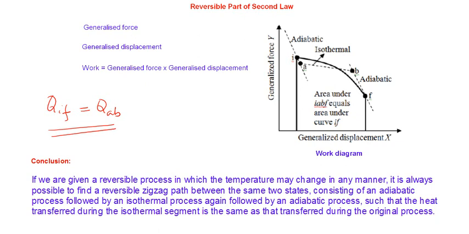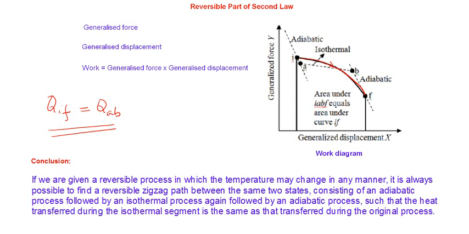Okay, so just have a clear look at the work diagram, which I have reproduced here afresh. IF was our real thermodynamic path followed by a system undergoing a reversible process. So I can either use I to F or F to I; that is not going to make a difference because the process is reversible.